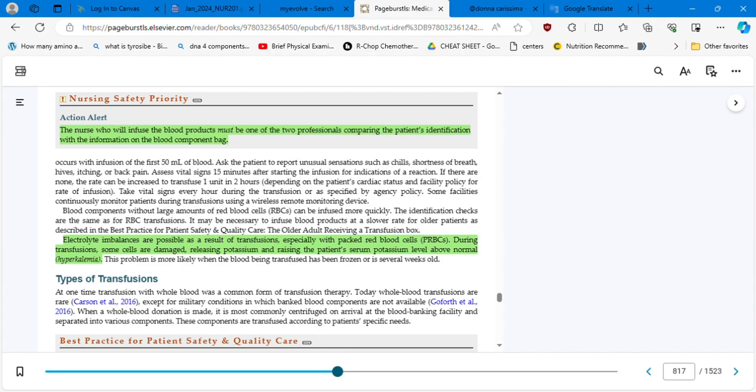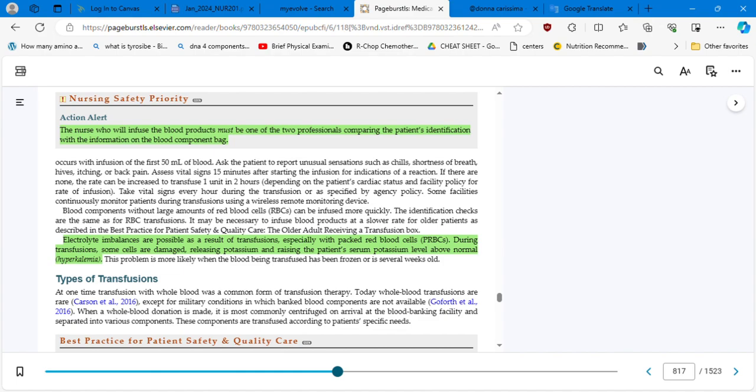And I would say, in my experience, it would be nice if you have, at least for your first 10 blood transfusions within your career, an experienced nurse next to you for the first 15 to 30 minutes.